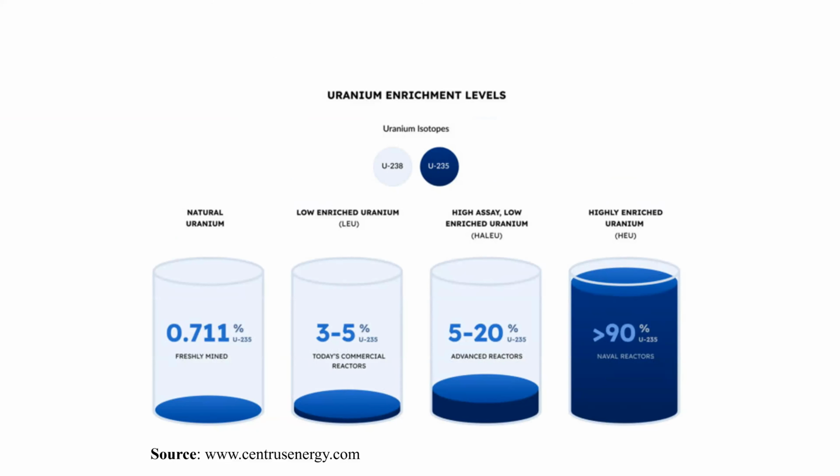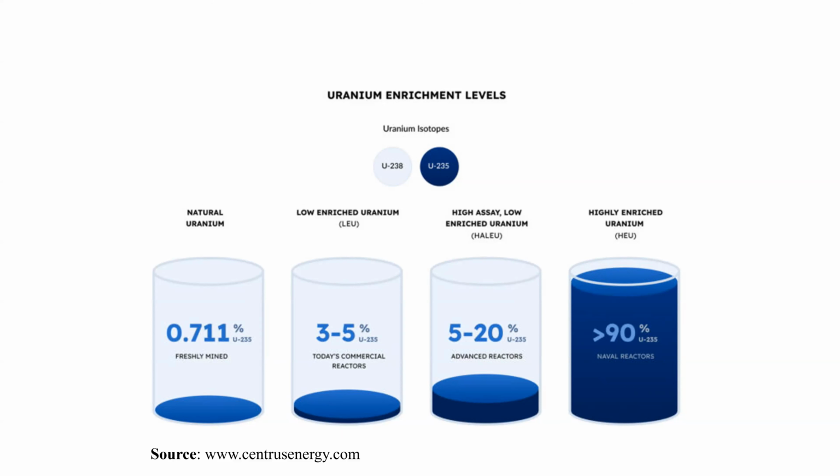And here is the enrichment of nuclear reactors. A lot of people mistakenly think that a nuclear reactor can explode. It cannot. Even if you tried, there is no way, because it only melts. That's an accident.